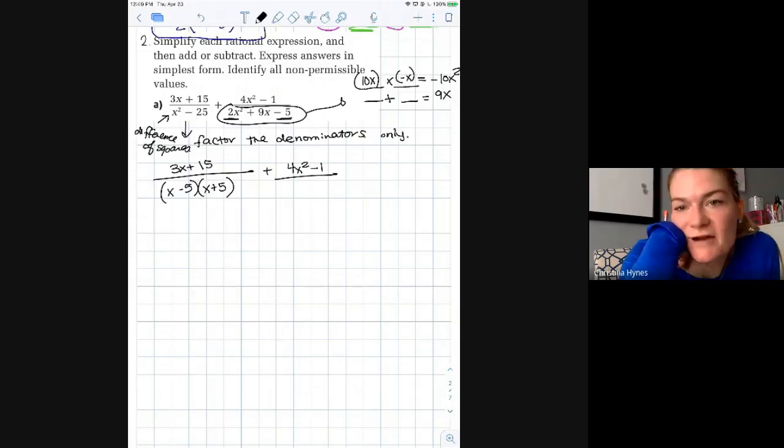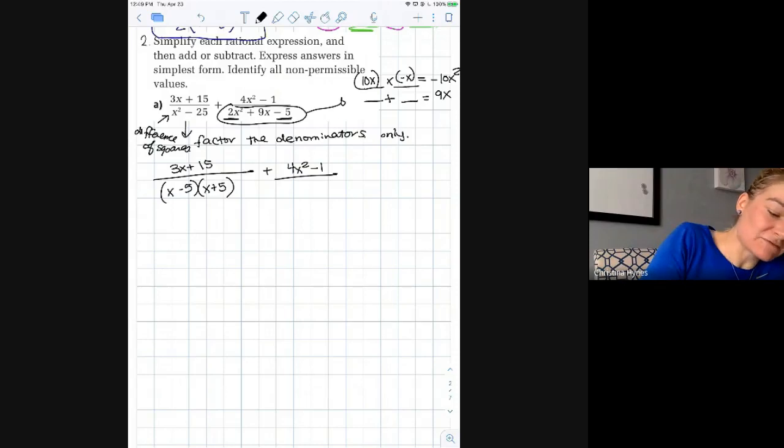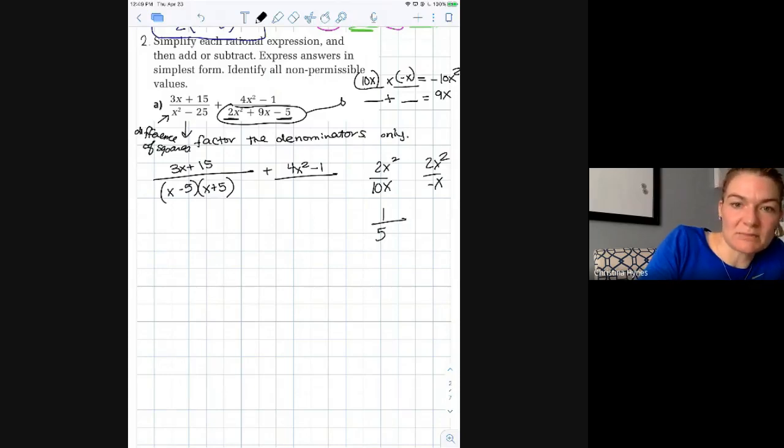So I'll use the fraction method when it comes to factoring. That's where I write the first term twice, and then I divide by the 2 numbers I just found, which were 10x and minus x. Then you want to simplify each fraction. So 2 and 10 simplifies to 1 over 5, because you can divide the top and bottom by 2.